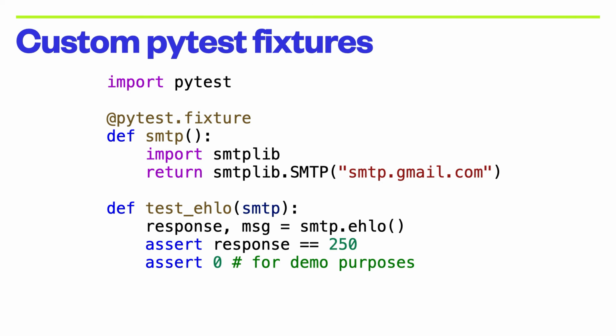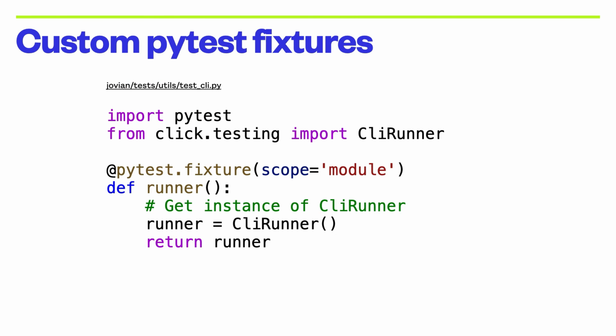A fixture allows you to create shared resources. This is one of the fixtures present in the Jovian library, where it creates an instance of something called CLI runner, and I scope it to module so that it's the same across the module.